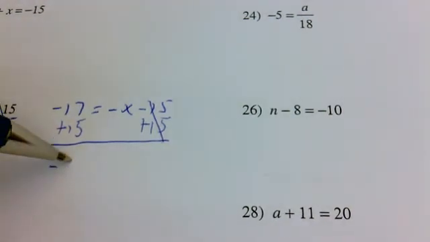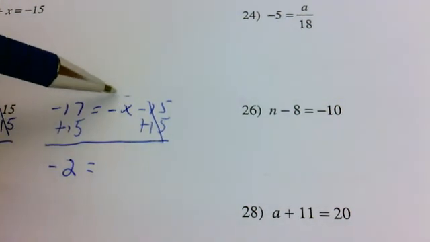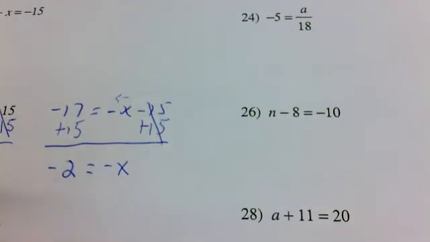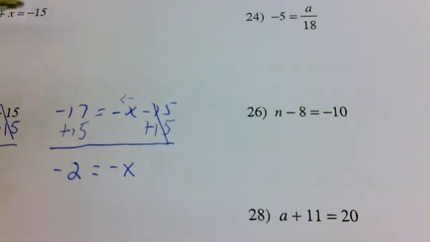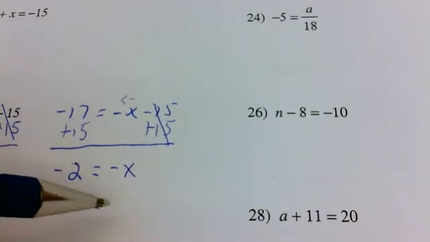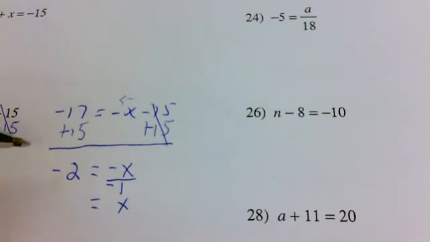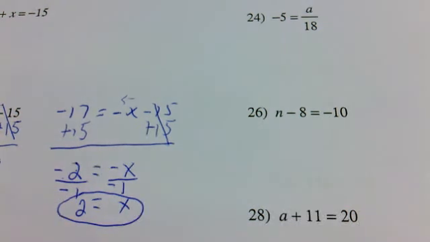I would still get negative 2 here. It would equal negative x. I always look to the left and include the sign. At this point, if I ever have a negative x or a negative variable, you divide both sides by negative 1, and then you'll be left with just x. So if I divide by negative 1, a negative divided by a negative is a positive, 2 divided by 1 is 2, so the answer is x equals 2.